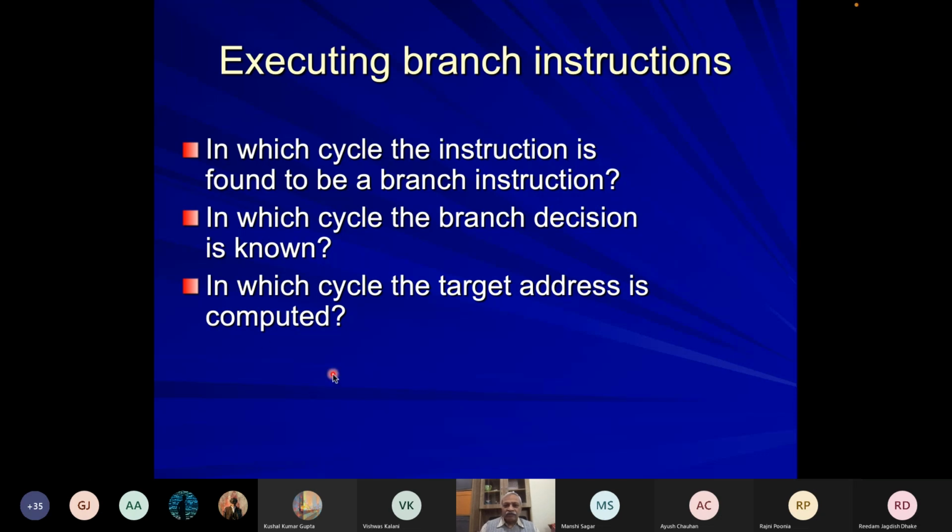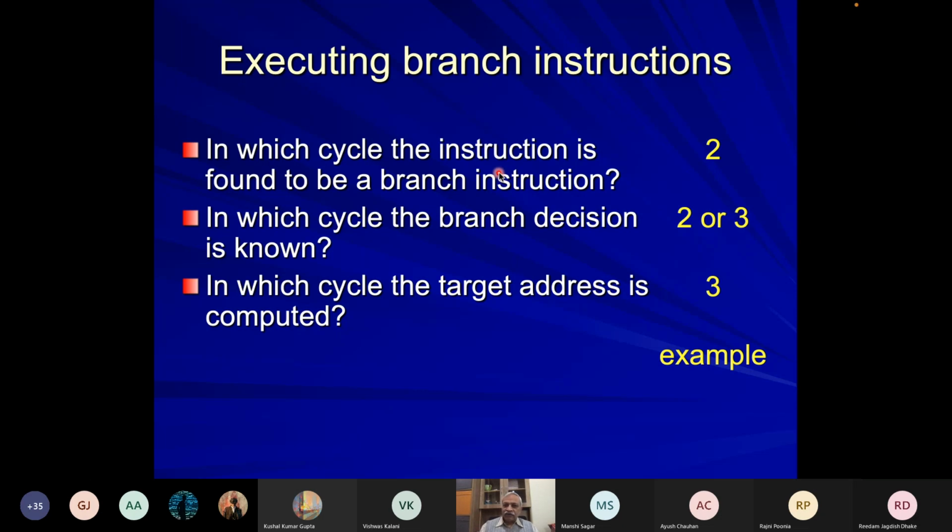For example, decision about branch or target address calculation may happen in the same cycle, but typically after fetch, when you are decoding the instruction, then you know that it's a branch instruction. So, for example, in the design we are talking of, we come to know in second cycle that yes, it's a branch instruction. That's when you're decoding.